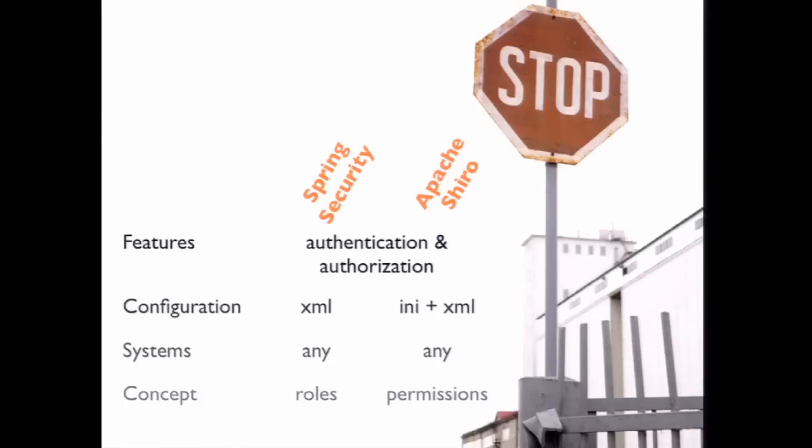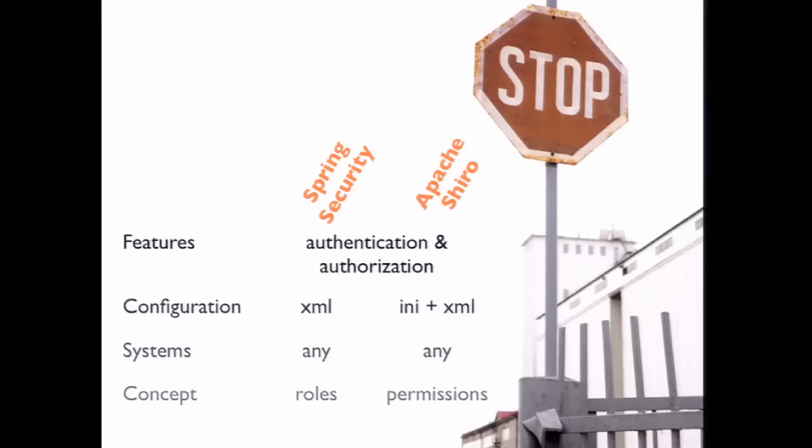And, well, again, we have 2 possibilities to secure our routes. And again, you want to know which version or which component is better. It's even more difficult to tell in this case because the features are more or less the same. The configuration, yeah, it's a little bit different, but it's doable.